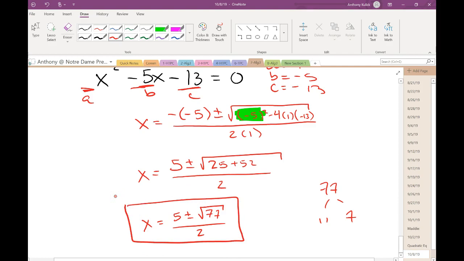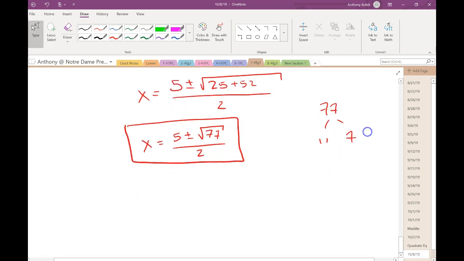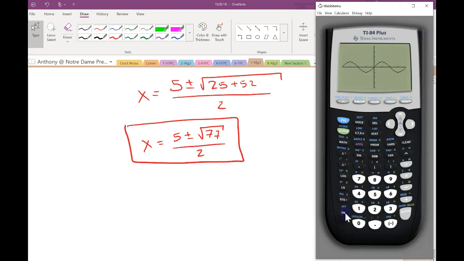Now, if I'd like decimal answers out of this, I could certainly do that. So the way that I can do that is if I take my calculator, I'm going to type in 5 plus the square root of 77 divided by 2. Notice I had to put a parenthesis around the entire numerator.